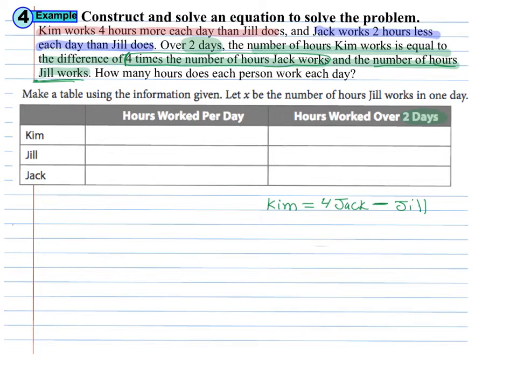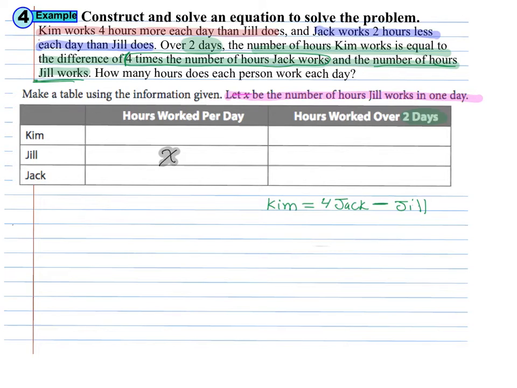But if you notice, they stated: let X be the number of hours Jill worked in one day. So that means Jill will be X. Now we're going to go back and look at Kim's equation.